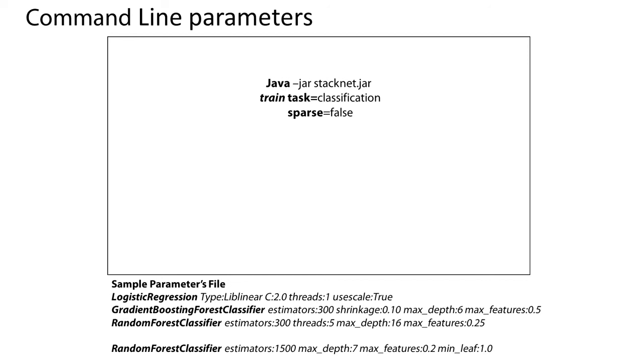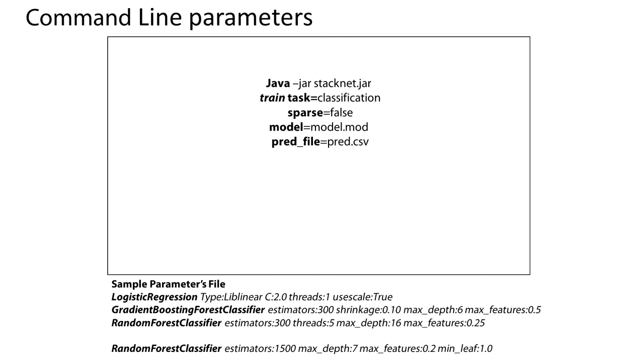We will see the difference of these two types later on. Then we specify a model parameter. So any model we've built is going to be saved here. So if we later just want to predict on some other data, we don't need to do this again. We just need to load this model.